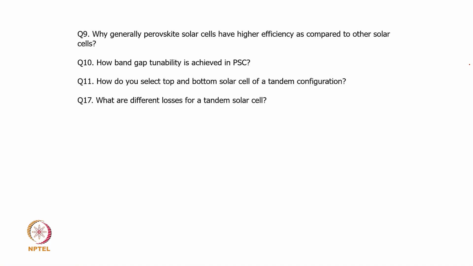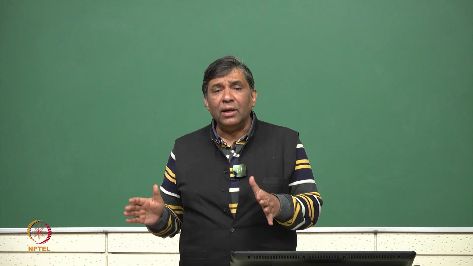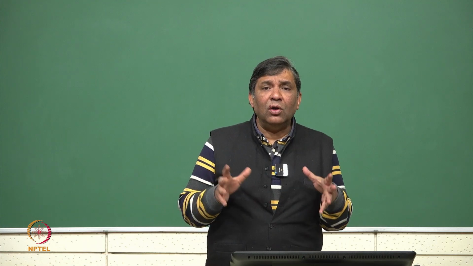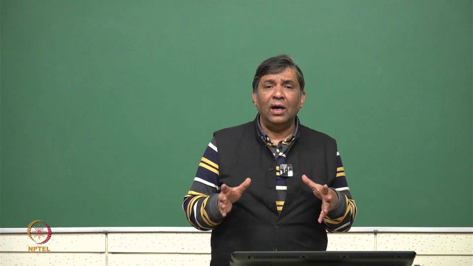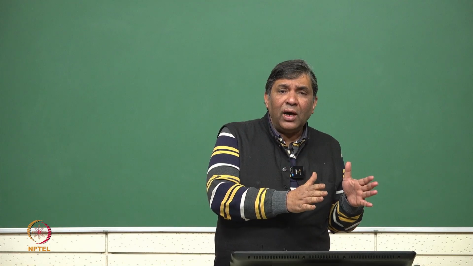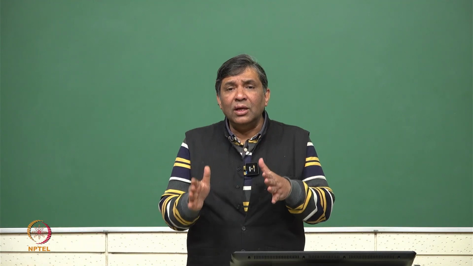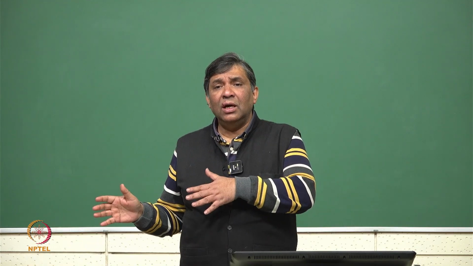How band gap tunability is achieved in perovskite solar cell, that also we have discussed, that you can tune the band gap for an inorganic-organic halide perovskite. Either you change the organic part or you change the metallic part or you change the halogen part.